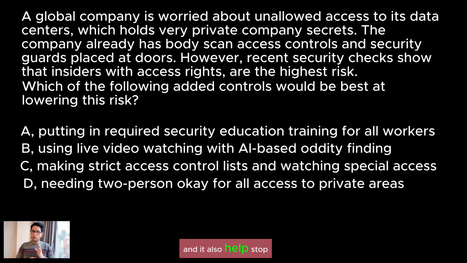So that is a pretty strong answer. But let us look at D also. 2-factor control is okay. It adds another layer, another rule layer that stops unallowed access, but it may not cover the larger insider threat issue. So C is probably the best answer to this question.